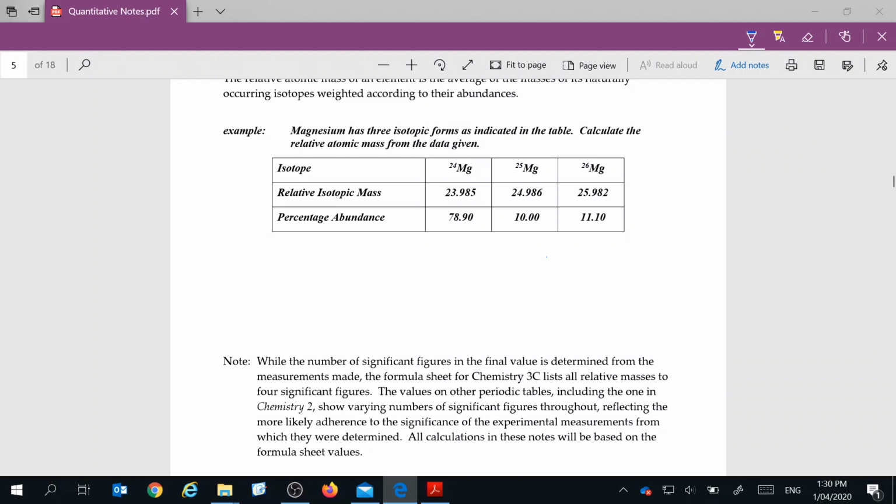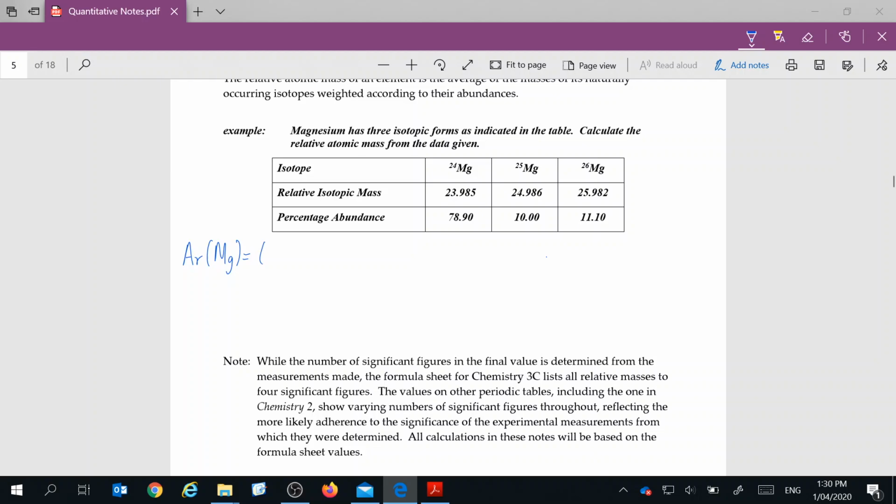So, the relative atomic mass of magnesium is the 3 isotopic masses times by their percentage abundances. So the isotopic masses, so for magnesium 24, you'd think it'd be 24, it's actually slightly less. The reasons why are super complicated and not part of the course.